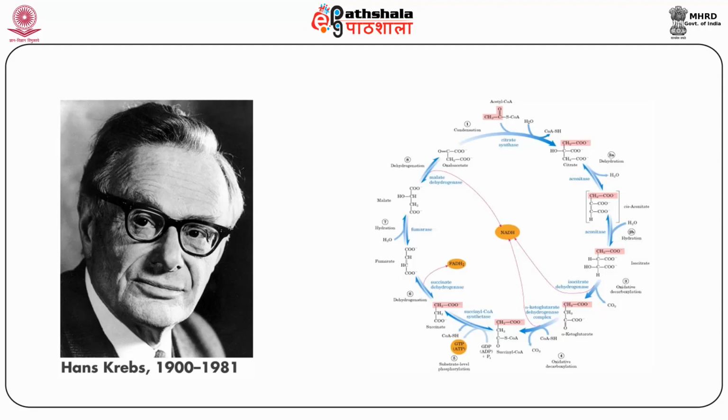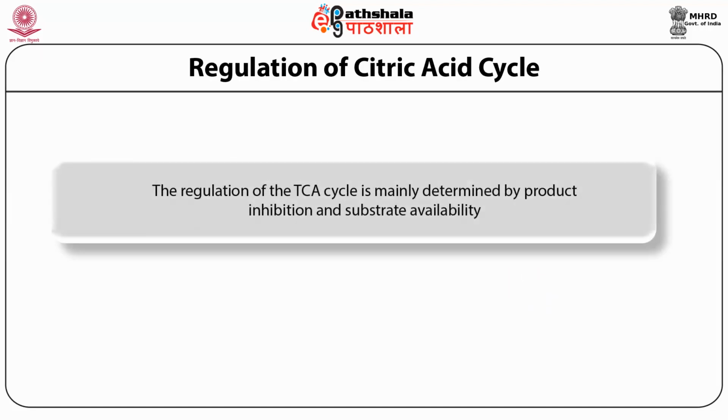So, except reactions 1, 3 and 4, all reactions of the citric acid cycle are reversible, and it was explained by Hans Krebs. The regulation of the tricarboxylic acid cycle is mainly determined by product inhibition and substrate availability.